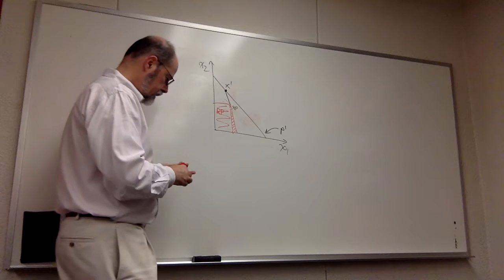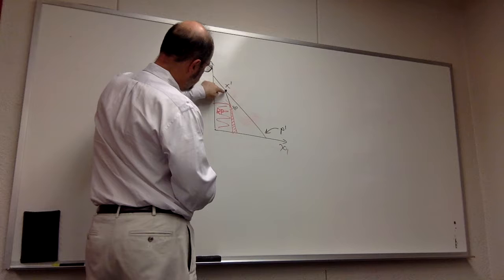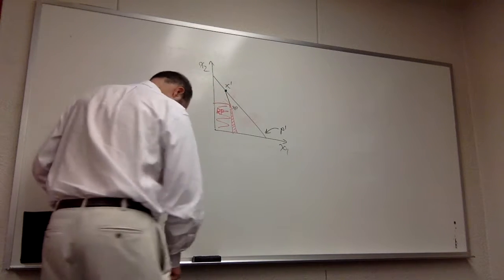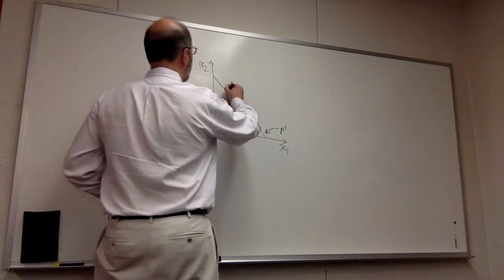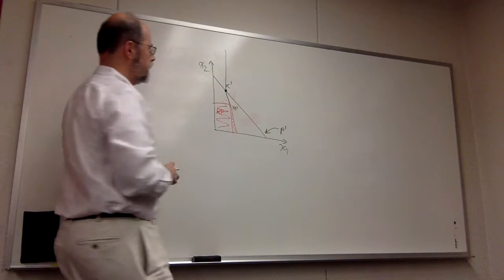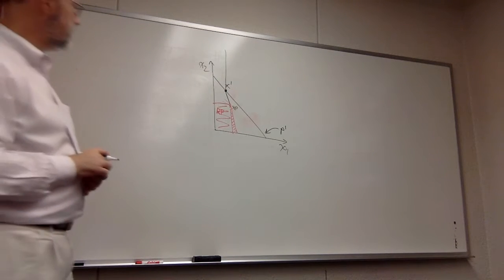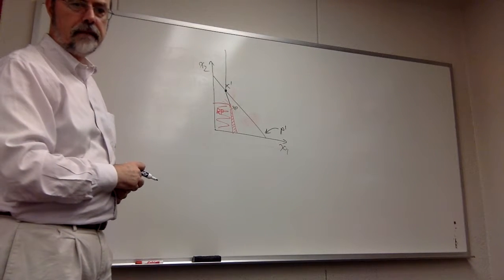Now, all the points from x1 to x0 are revealed preferred to x0. Then, if you go vertically above by monotonicity, all of these points are revealed preferred to x1 and therefore to x0 by transitivity.